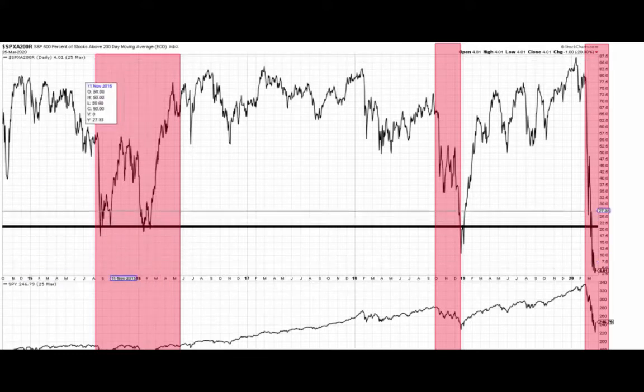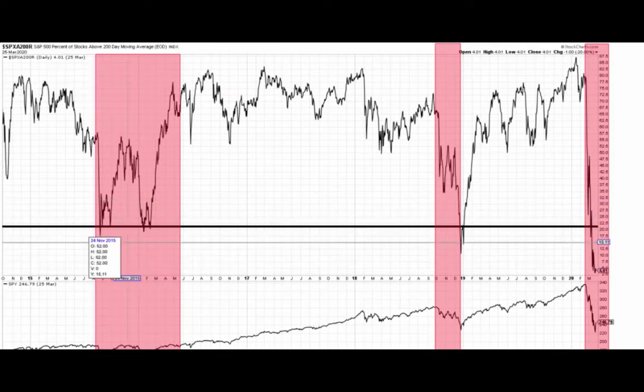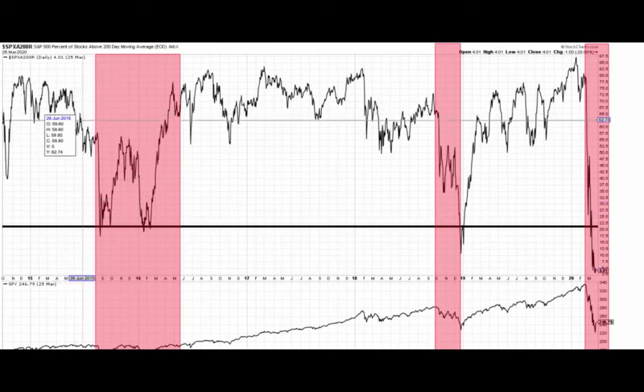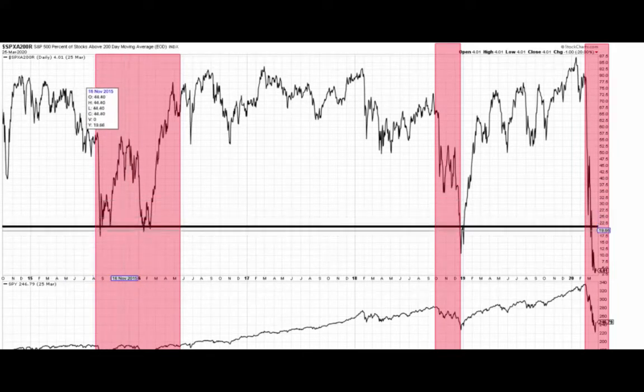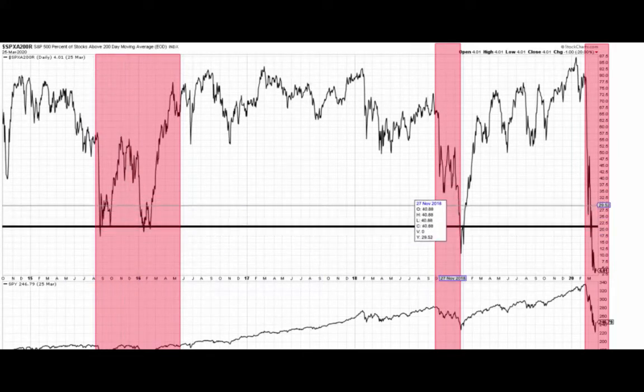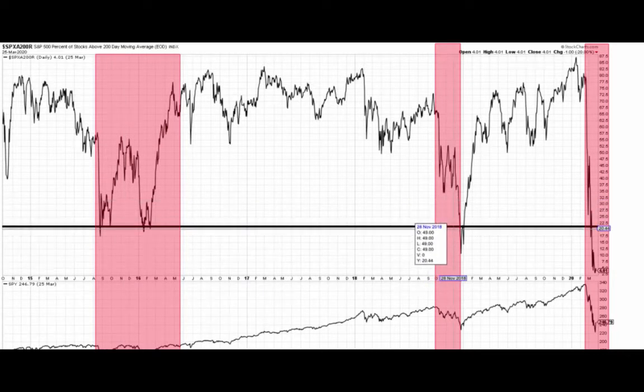Back here again in the 2015 correction, you saw this line drop, and it hovered around the 20. Then here in the Q4 2018 correction, again the same thing. It broke below this 20. I guess it's really about 21-ish.